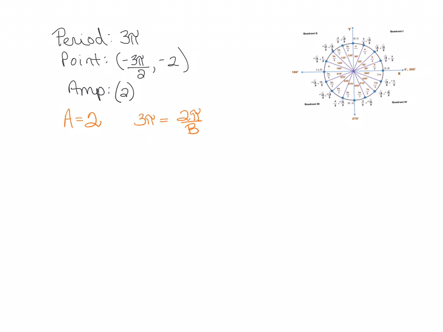If we solve that for b, we are going to get b equal to 2/3. So now we have b. Then all we need to find is c, which we're going to let be 0 as usual, and then we need to find d.